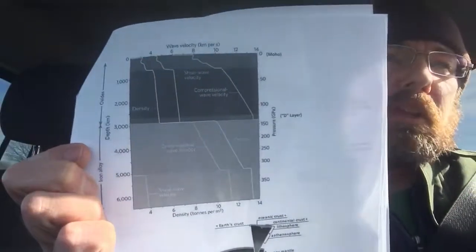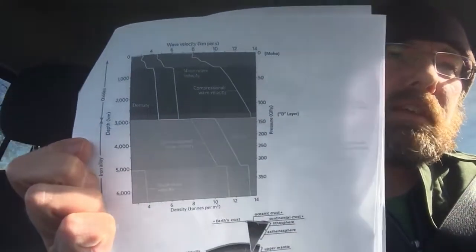The Moho's really shallow, so it's near the top, but you'll see the D layer down deeper. That's all that means. Obviously, it does mark something because seismic waves would not change velocity if there wasn't a change in composition.